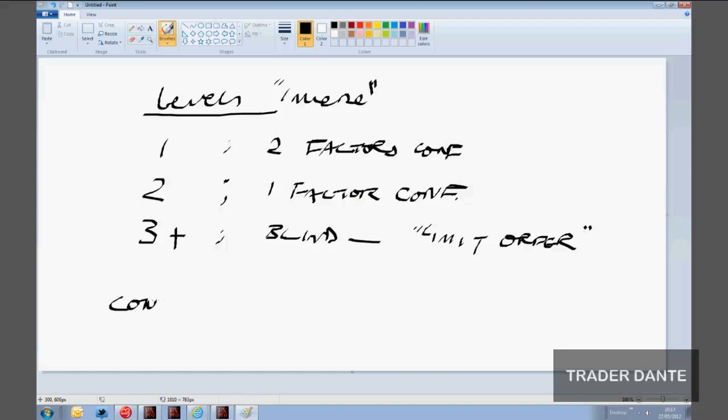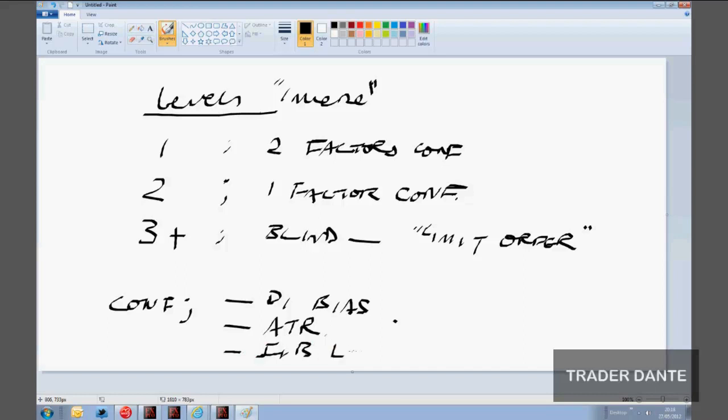Now, just to remind ourselves what those confluences are, they are a D1 bias. And if you're unsure of the D1 bias, you'll want to look at the last webinar I did on D1 bias, because we had literally the whole webinar on what I call a D1 bias. Okay, the second one is going to be the ATR. If the market is at or past its ATR coming into a level, that's confluence.